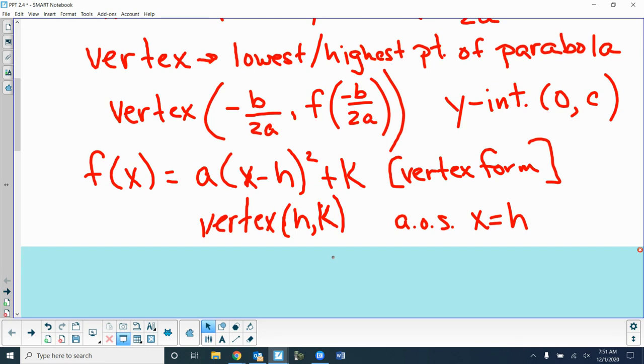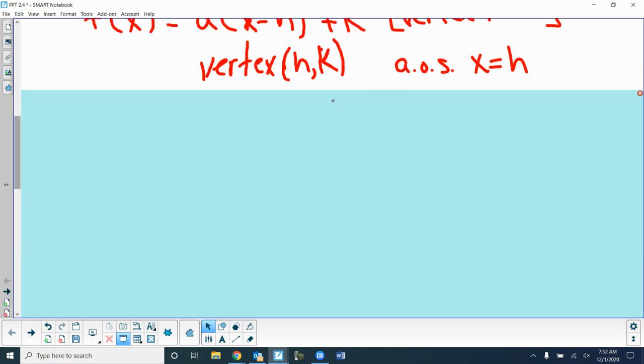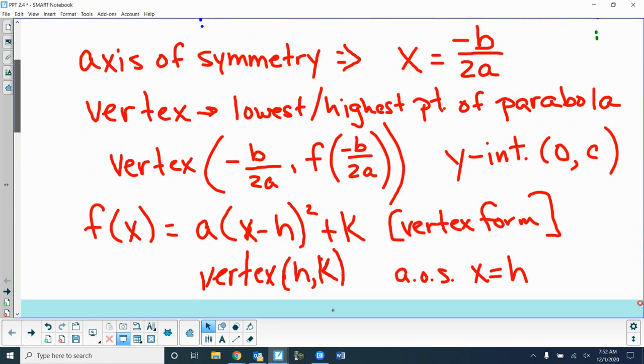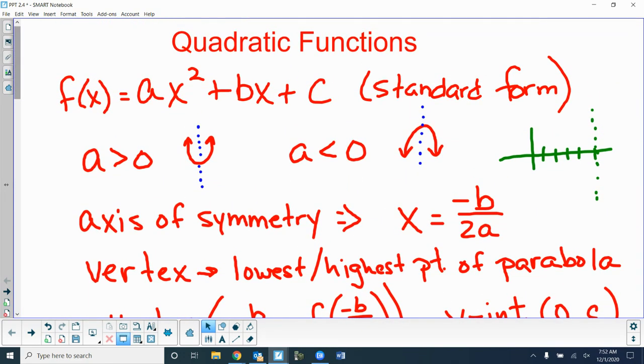Okay? So if it's already in this form, which again your book calls standard form, but I'm still going to call it vertex form. Some of the problems you have to do, it'll give it to you in this form, which we call standard, and it'll say put it in standard form. Okay?